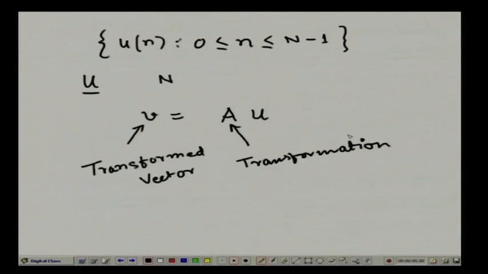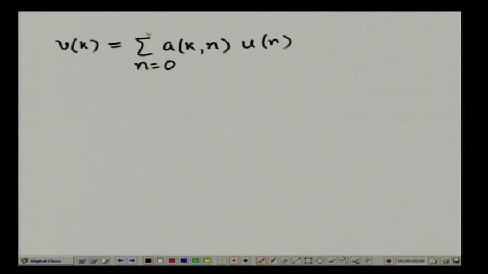If I expand this matrix equation, it can be represented as a series summation given by V(k) equal to the sum of a(k,n) into u(n), where n varies from 0 to capital N minus 1, and this has to be computed for k equal to 0, 1 up to N minus 1.